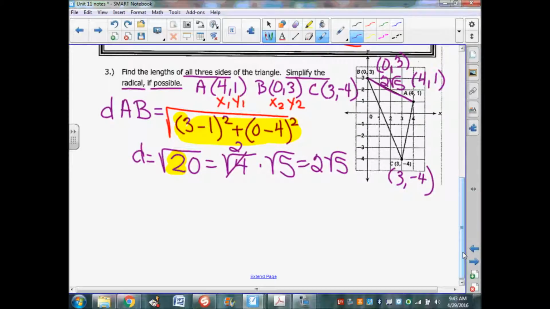Okay? I've got to keep going around my triangle, so now I'm going to find the distance from B to C. So that distance right there, B to C. I go to substitute.